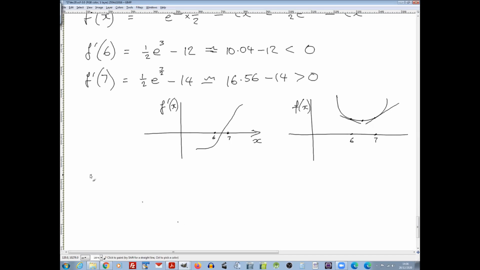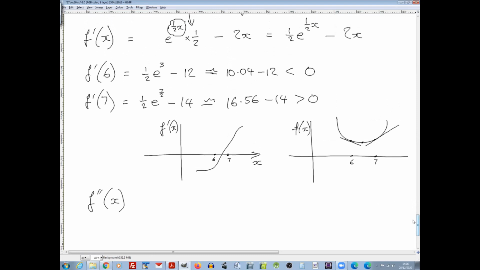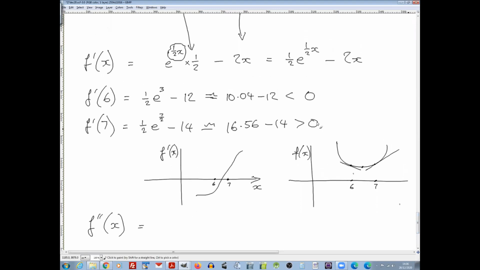Well, let's find f dash dash of x just for good measure. Please tell me f dash dash of x. Well, here's f dash of x. Can we write that out? Write it out, I said. Sure.